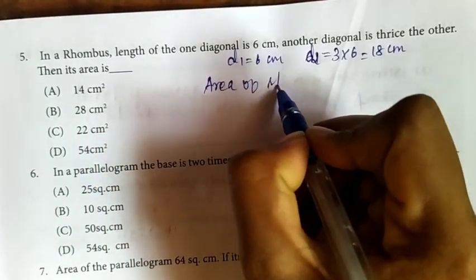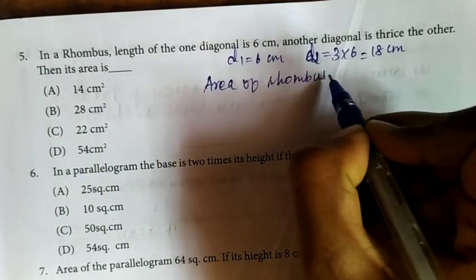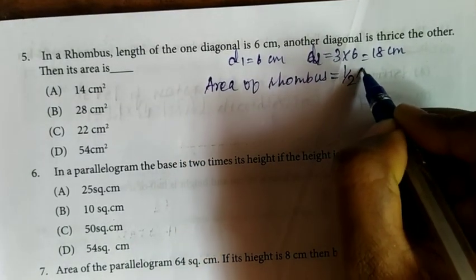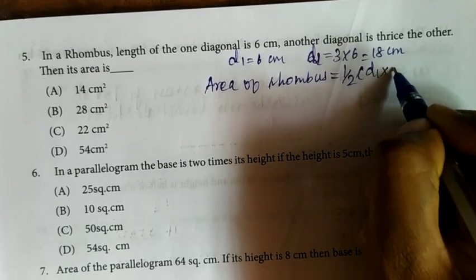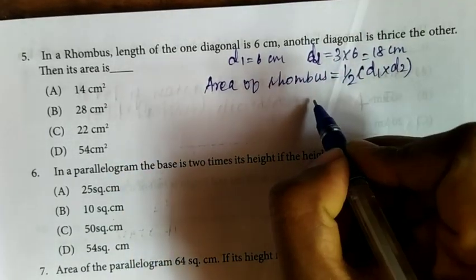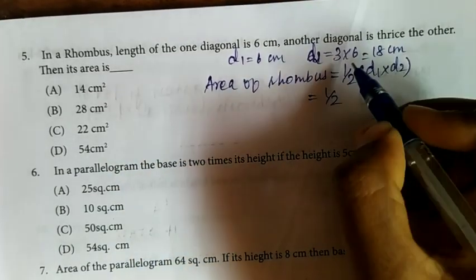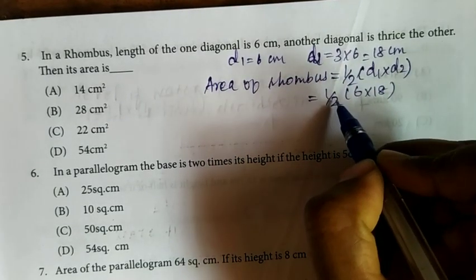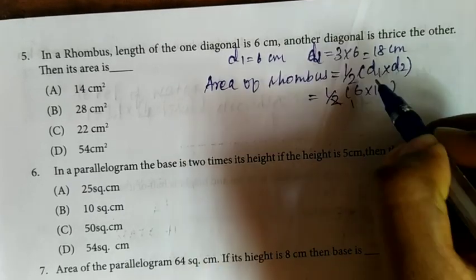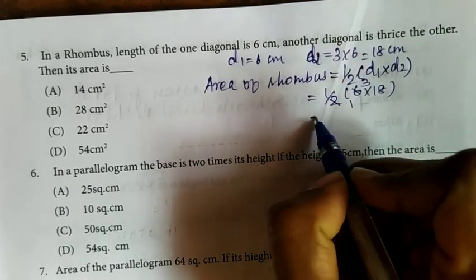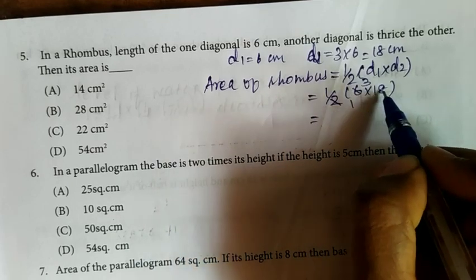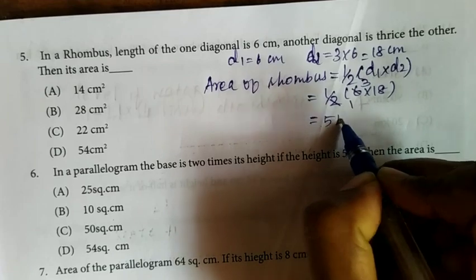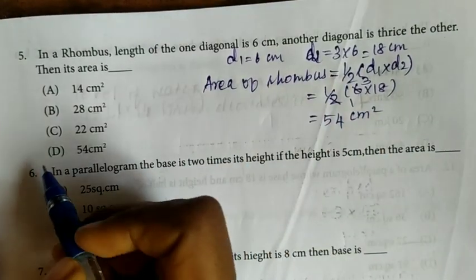Area of rhombus is half into d1 into d2, which is equal to half into 6 into 18. Cancel it by second table, 2 1 is 2, 2 3 is 6, then we get 18 into 3, we get 54 centimeter square. Answer is option D.